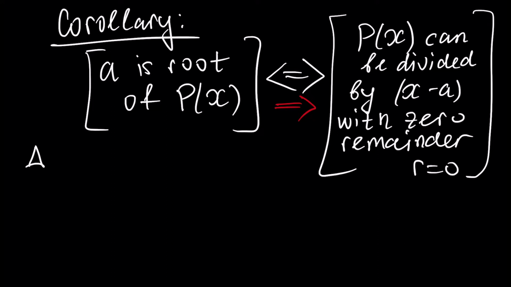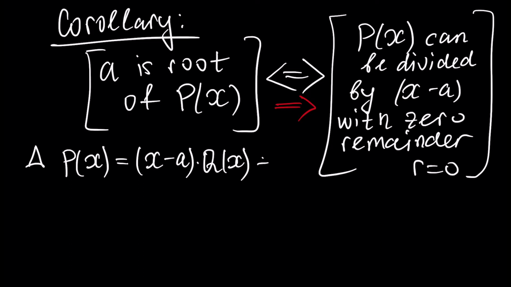When we divide our polynomial p of x by a binomial x minus a, we have a representation p of x is equal to x minus a times some polynomial q of x plus a remainder r.